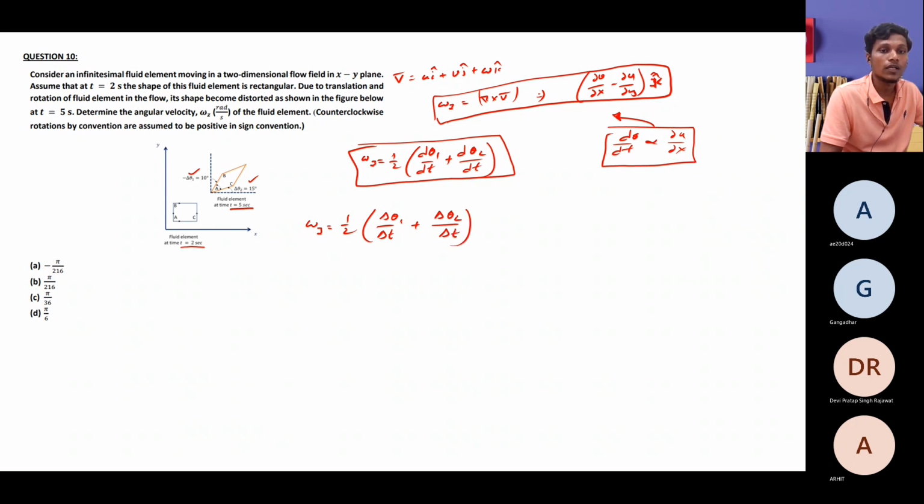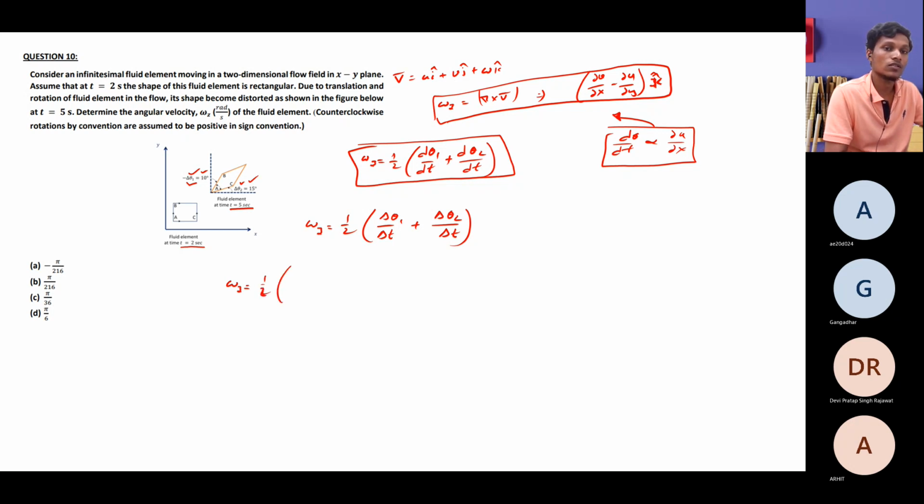Now del theta 1, if you see, is in the clockwise direction, that's why they mentioned it as negative, clockwise 10 degrees. And del theta 2 is in the anticlockwise direction, that is 15 degrees. We have to use the same sign convention to get the correct result. So this is half.